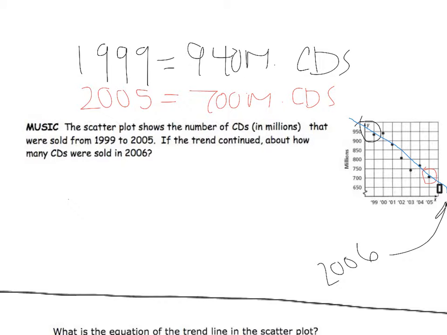Anyway, based on the trend that the line is showing, the data is slowly falling from 1999 to 2005.